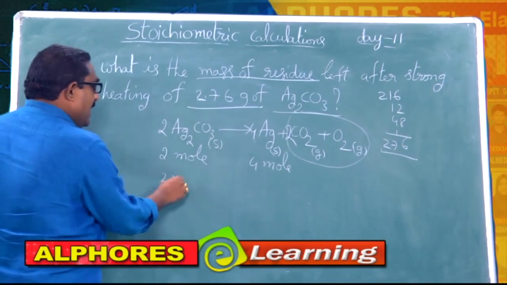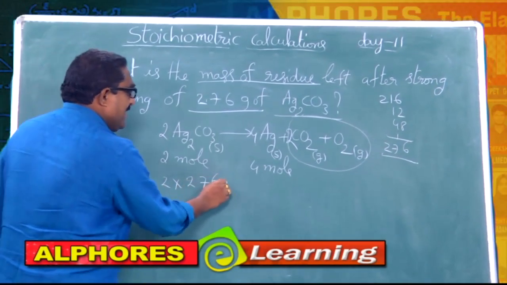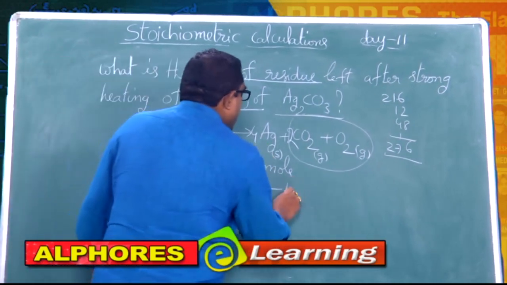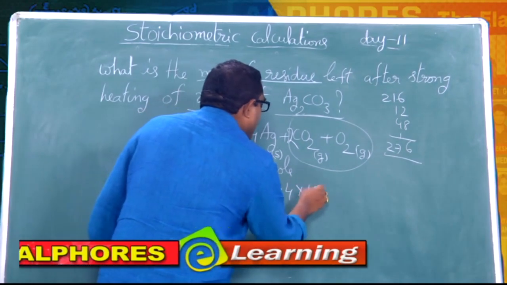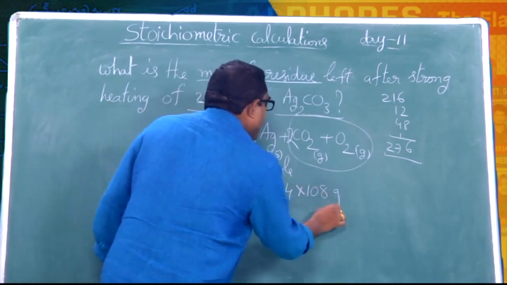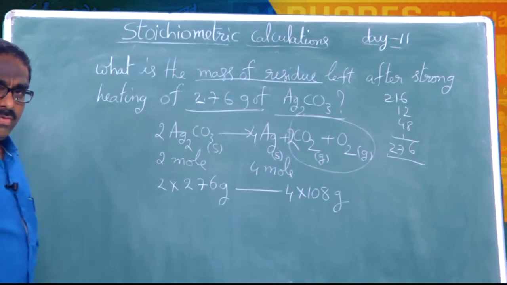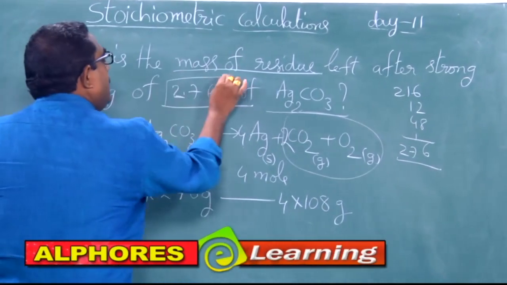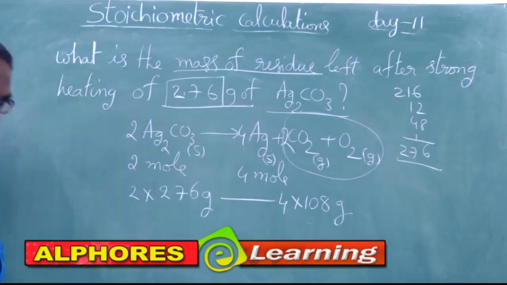So, I can write 2 into 276 grams of silver carbonate on decomposition leaves a residue of solid silver, 4 moles, means 4 into 108 grams. But this time he has given only 2.76 grams.